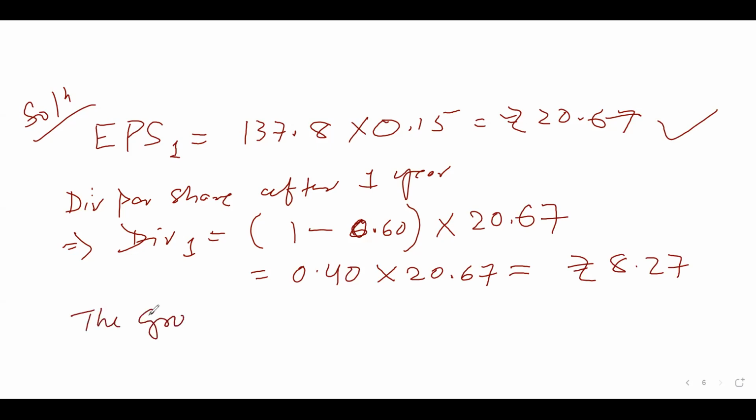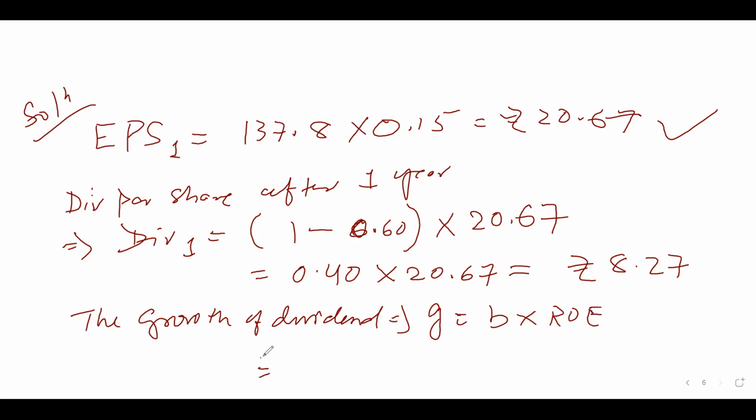Now find the growth of dividend. The growth of dividend, your formula is, remember, g equal to b into return on equity. So in this case, growth is 0.60 into return on equity 15%. That gives you 0.09 as the growth in dividend.